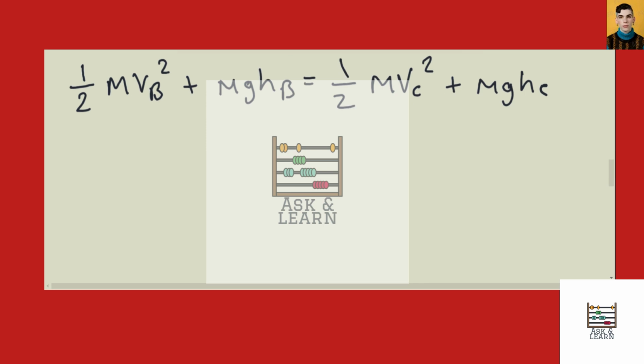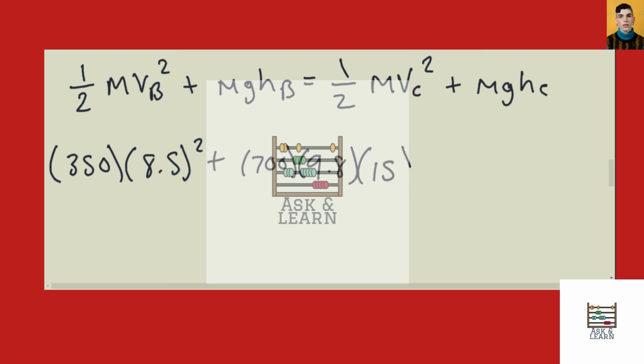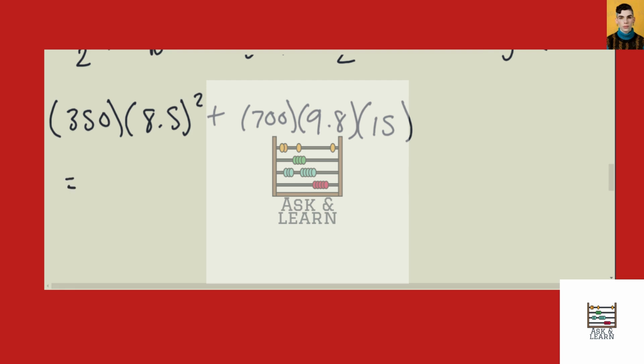So now we plug in our numbers. 1/2 m is 350 times VB, which we know 8.5 squared, plus the mass 700 times gravity 9.8 times the height, which we know 15, equals stuff on the right, which is 350 VC squared plus 700 times gravity times the height at C, which is given as 10.